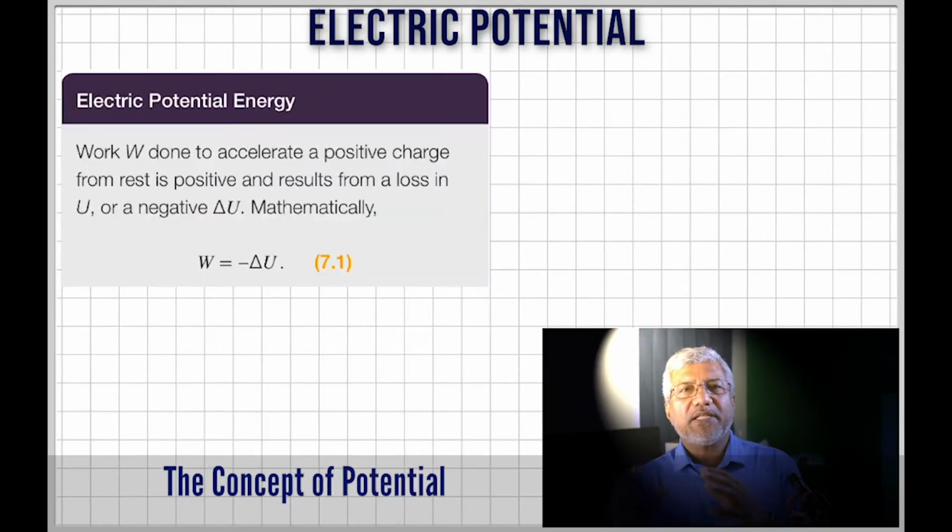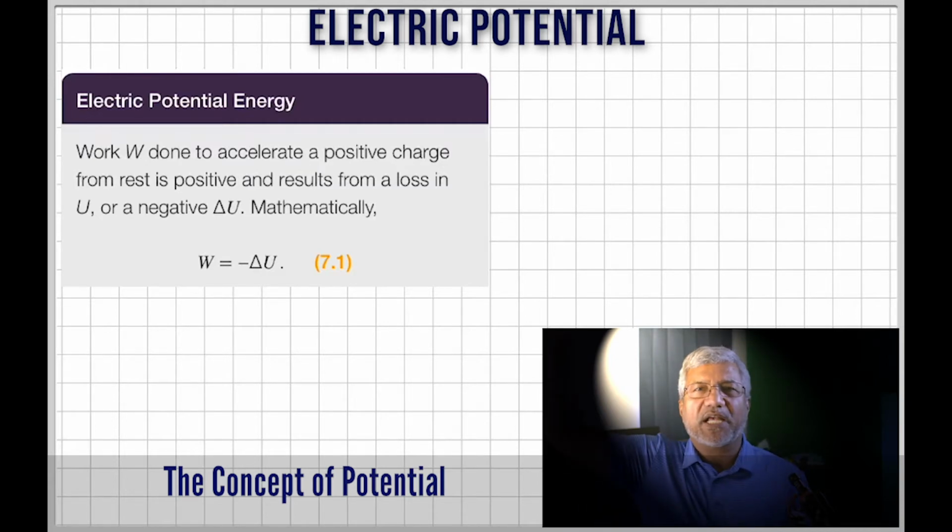So now let's go over this one more time. The work done is always the negative of the change in potential energy. That means if the external agency does positive work, then the potential energy decreases. Just like when a mass falls because of the gravitational force, the change in potential energy is negative because work is being done by the gravitational force.